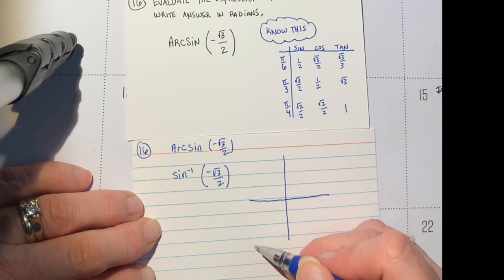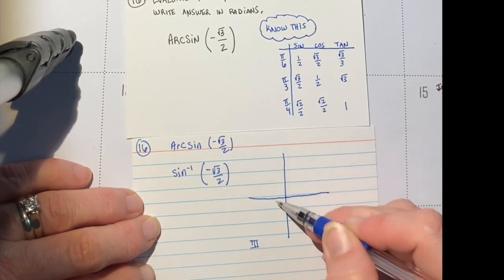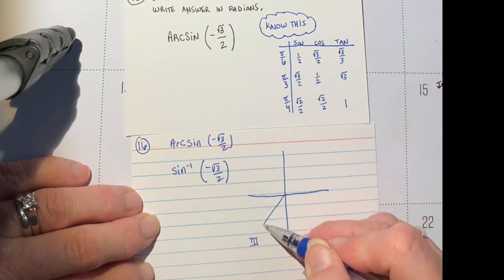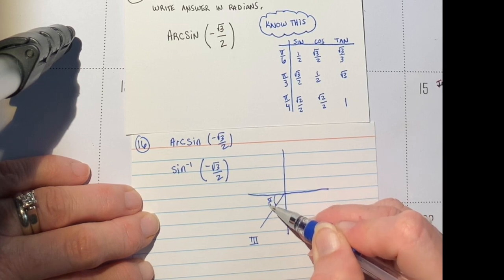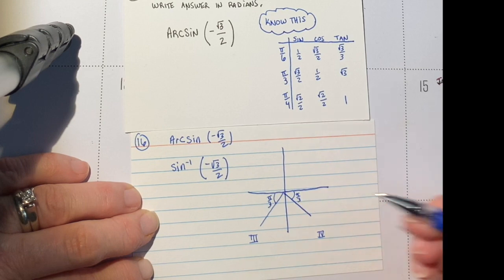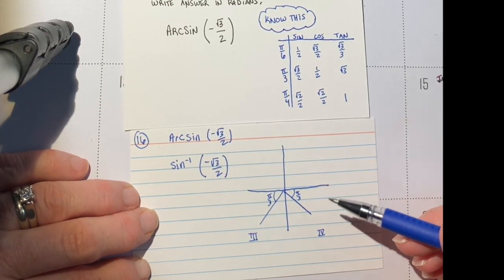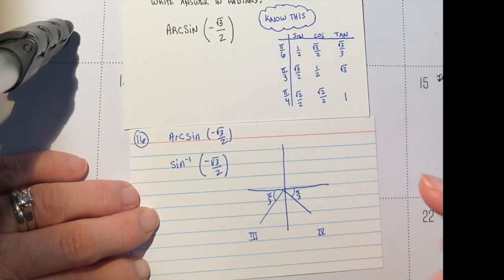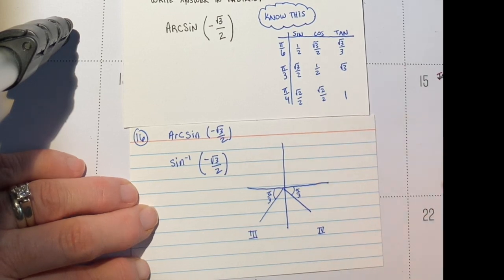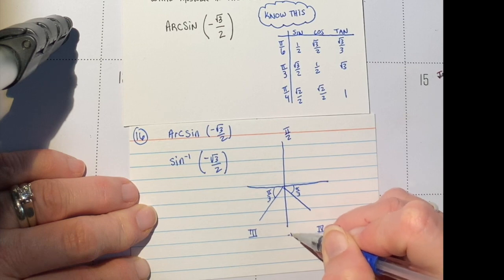Sine is negative in quadrants 3 and 4. Sine is your y coordinate, and remember y is negative in quadrants 3 and 4. So we're going to look at the pi thirds. The angle is pi thirds in this quadrant or in this quadrant. Now, it can be both of these, and the reason is because if you go back to when you learned inverse functions, in order for an inverse sine to be a function, we had to restrict the domain so that it had to stay between pi halves and negative pi halves.